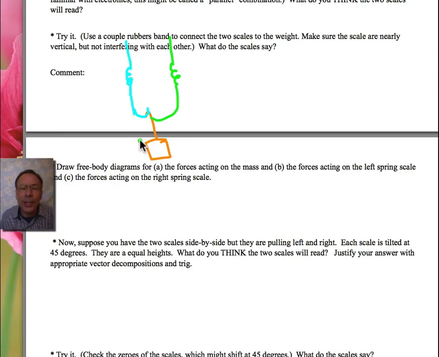And the question is, what are these two going to read? This is still 0.1 kilograms.